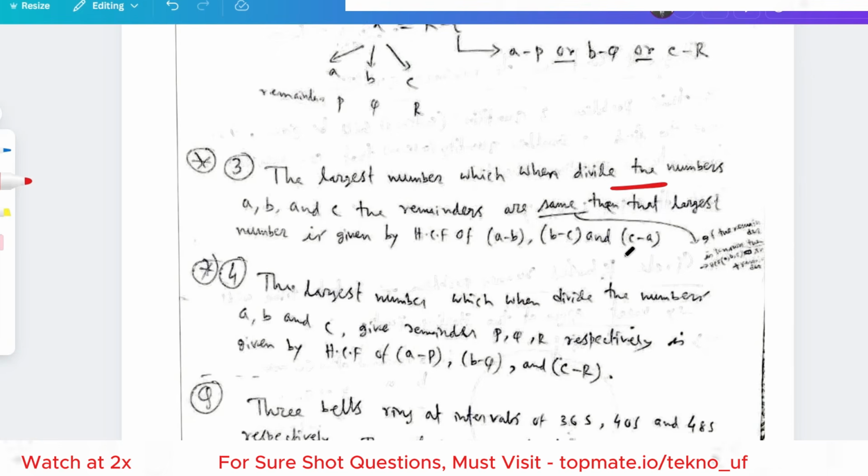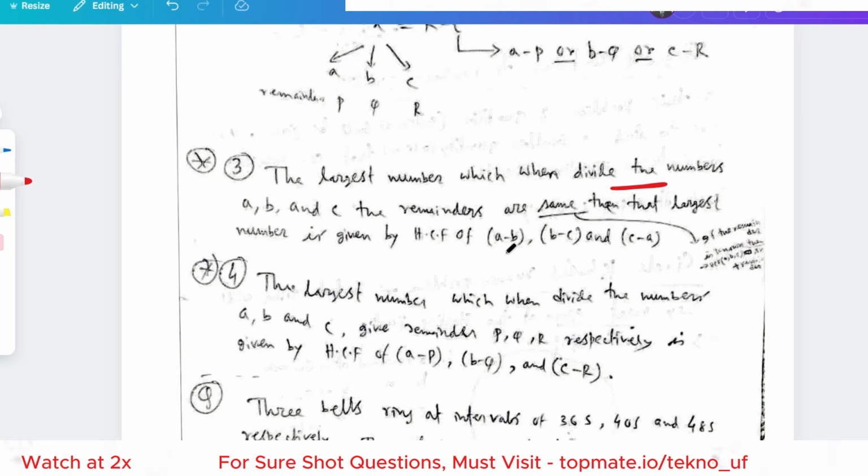Same is the key word. If you calculate the HCF of these differences, you will get the largest number which, when dividing a, b, c, leaves the same remainder.